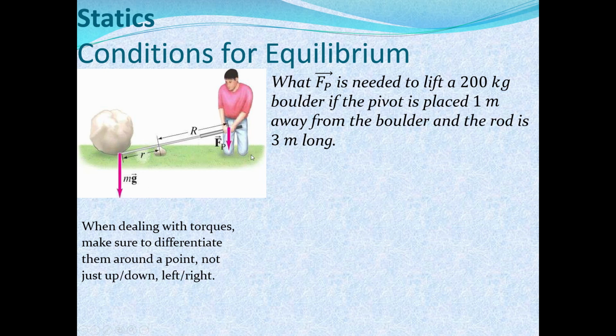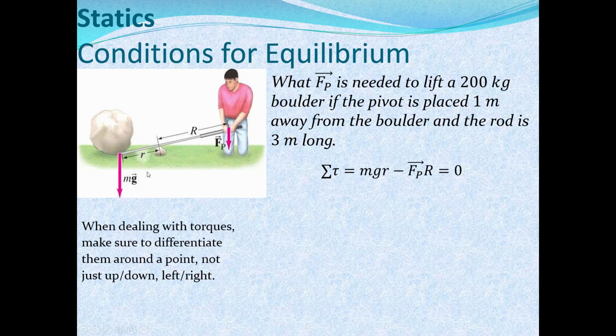If you're having trouble visualizing this, take your pencil, place your finger in the middle and have that act as the pivot, and then push down on the right side and push down on the left side. You'll see that the one on the right causes it to go clockwise, the one on the left causes it to go counterclockwise. So what we're going to say is this one's the positive and this one's the negative, but it doesn't really matter which one's which.